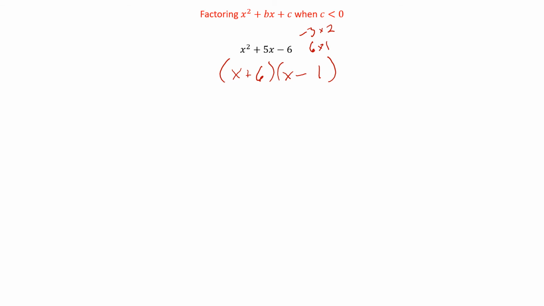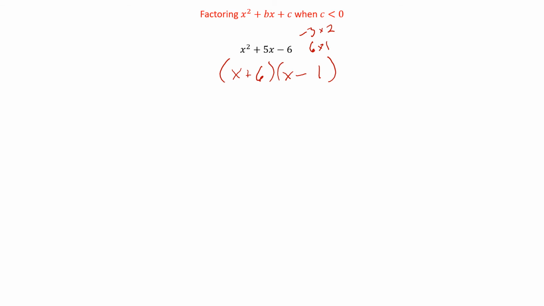So when we have the x squared and then something x minus a number, we need a positive and a negative. They'll multiply to give us that constant, that's 6, and they will subtract to give us that middle number.